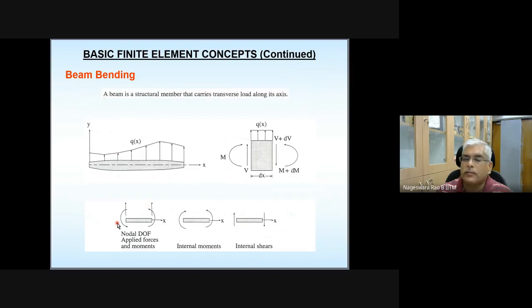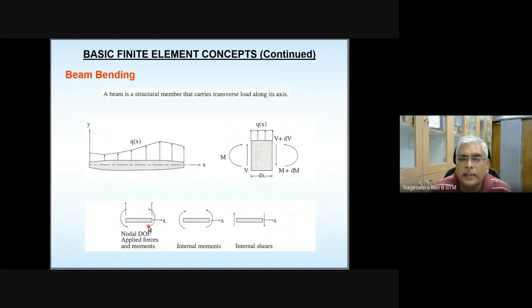Whereas applied moments are going to be positive if at both ends the moment is in the counterclockwise direction. You need to keep a note of this.